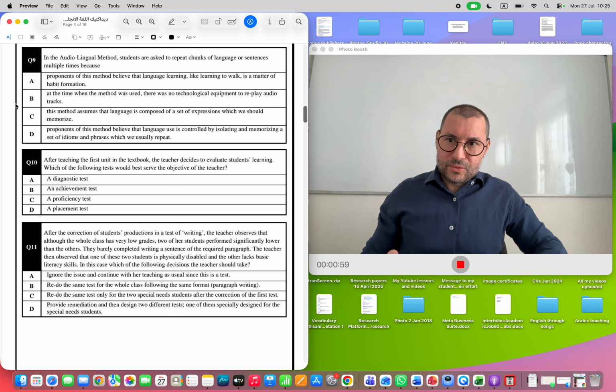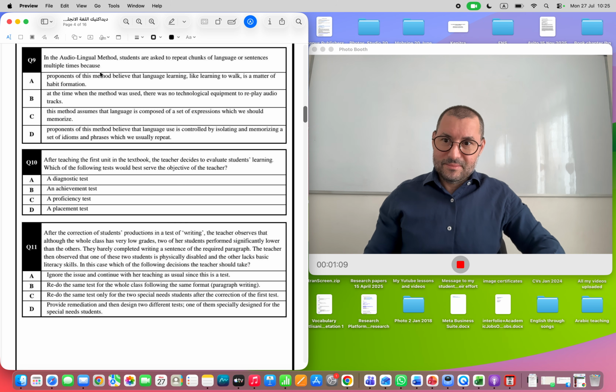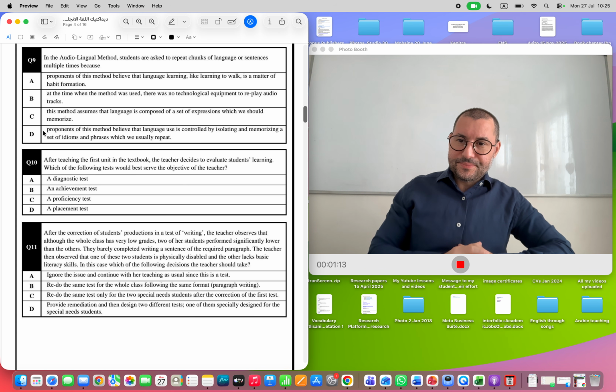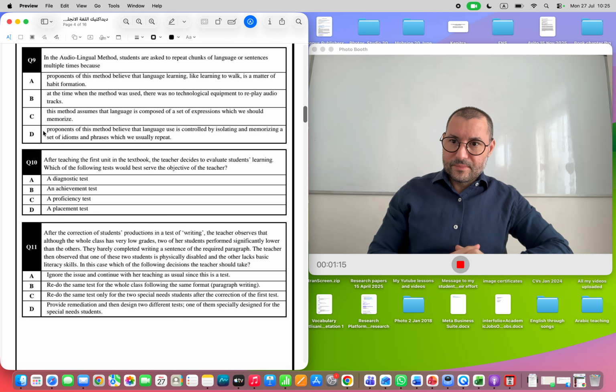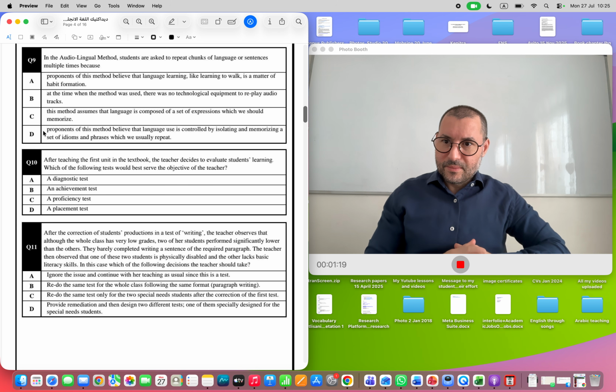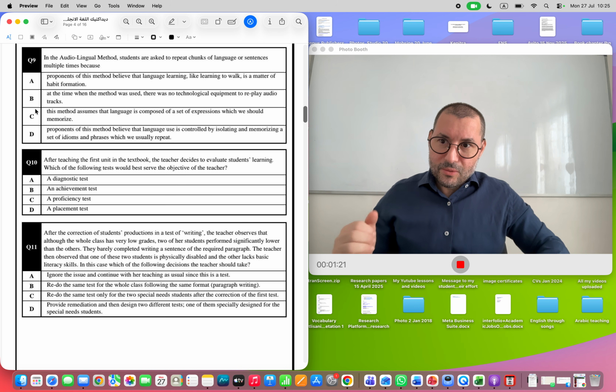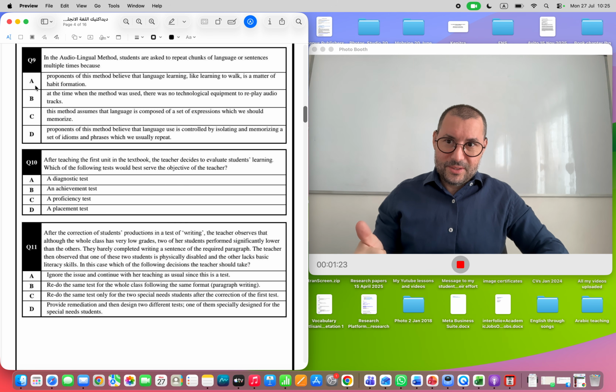In the audio-lingual method, students are asked to repeat chunks of language or sentences multiple times because... So A, B, C, or D. So A is the right answer. Why?